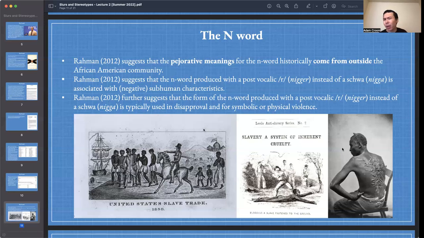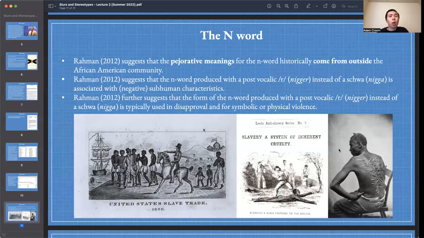And indexing negative characteristics. So usually when people are using the N-word in a derogatory manner, they tend to communicate or index something negative about these individuals, okay? And it doesn't have to be a negative characteristic that they in fact have, but one that they're presumed to have based on negative stereotypes and prejudices against them, okay? Like a common stereotype would be unintellectual, for example, right?